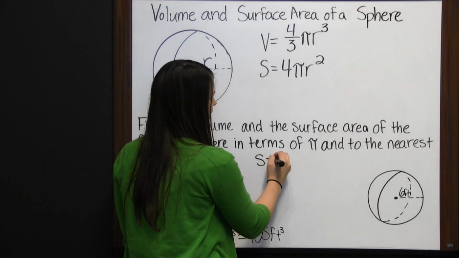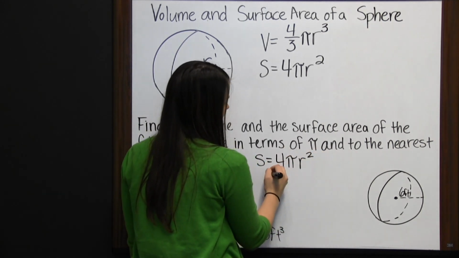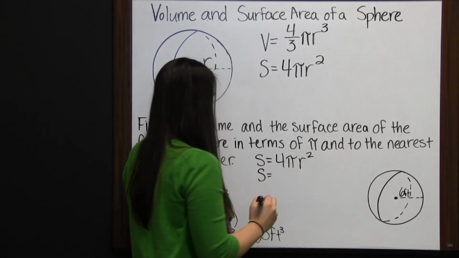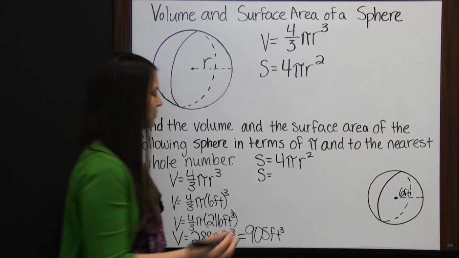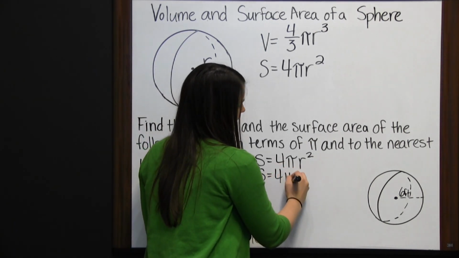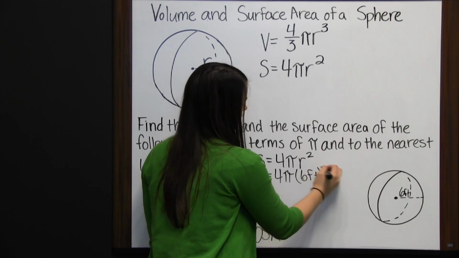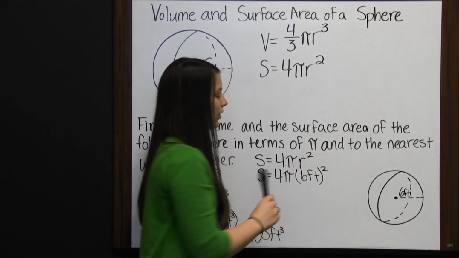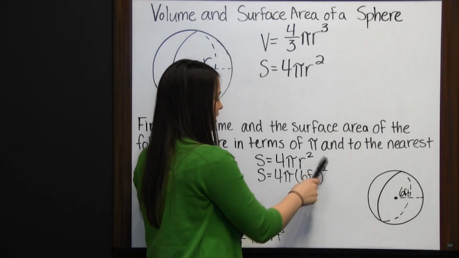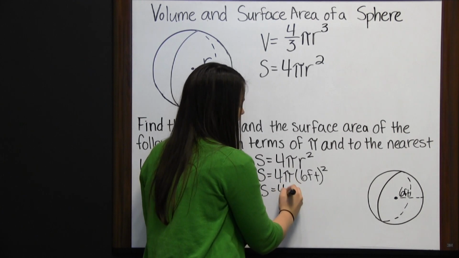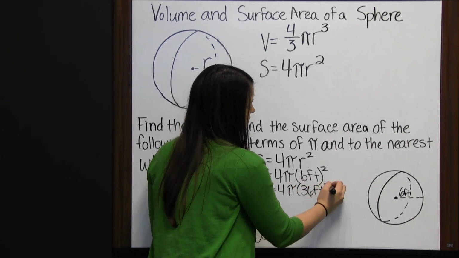Now to find our surface area. The surface area is found by multiplying 4 times pi times radius squared. So now we need to substitute 6 feet for our radius. So 4 pi times our radius, 6 feet, squared. We follow PEMDAS, we need to do 6 feet squared first. 6 feet squared is 36 feet squared, so 4 times pi times 36 feet squared.